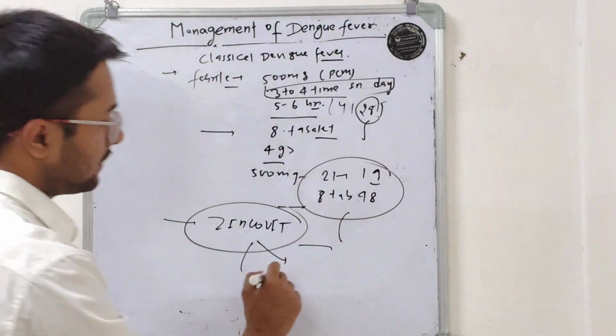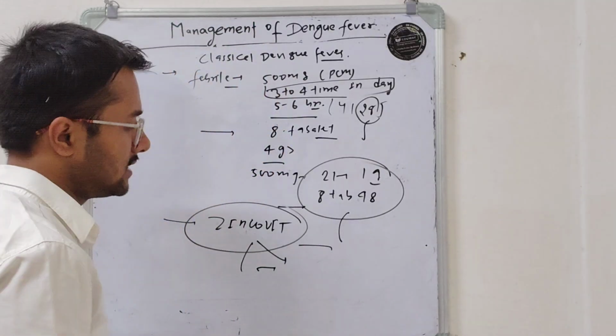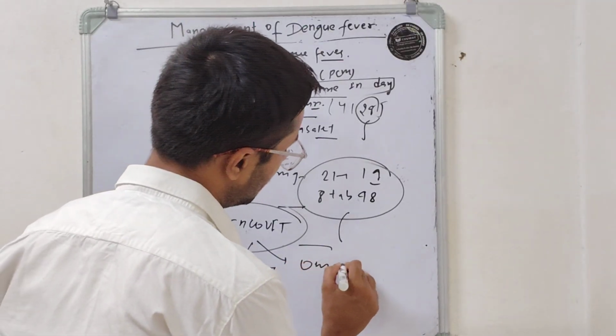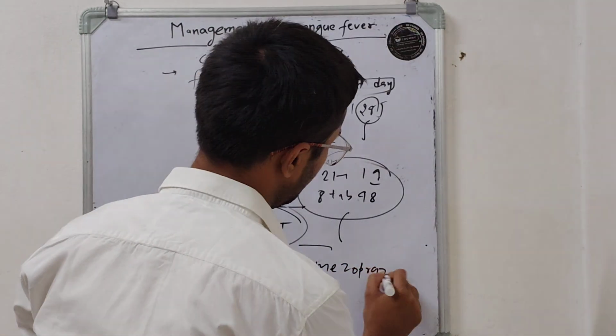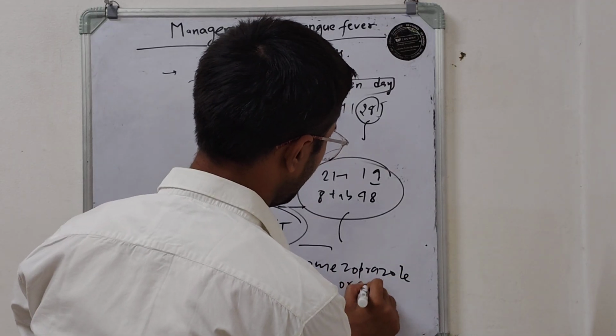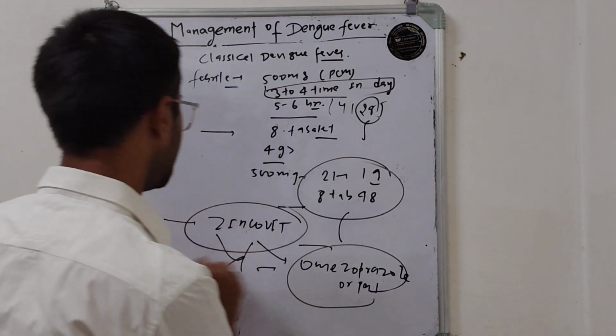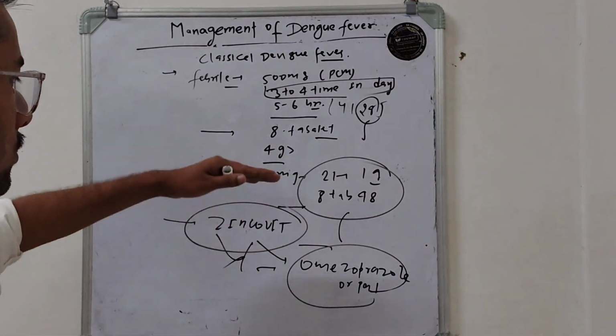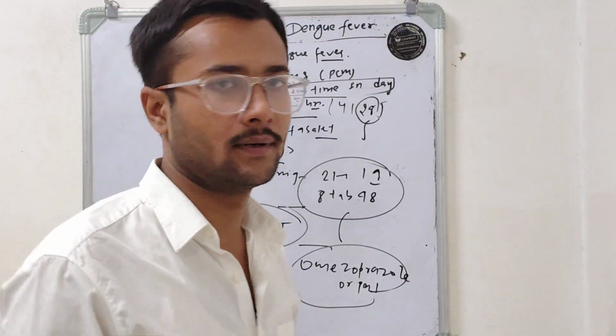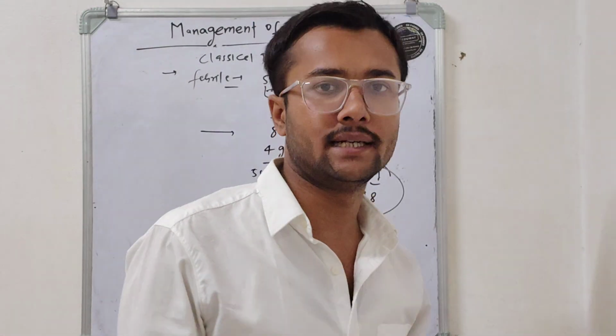And if a patient has complaints of gastritis, in that condition we also give omeprazole or pantoprazole. These tablets are supplementary. They are not the main role in the treatment of dengue fever.